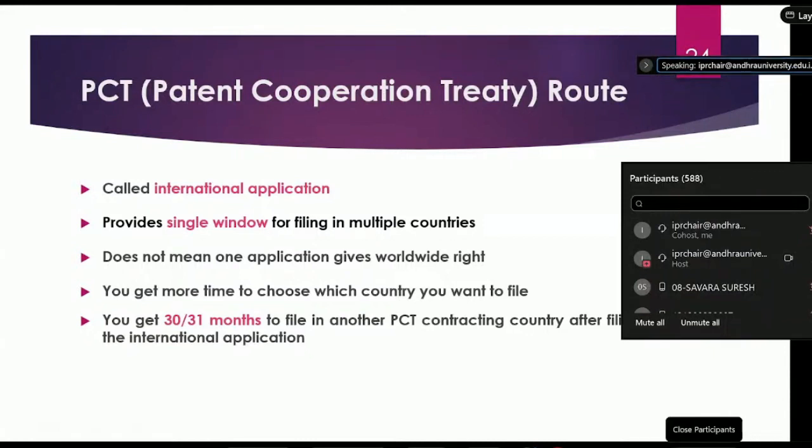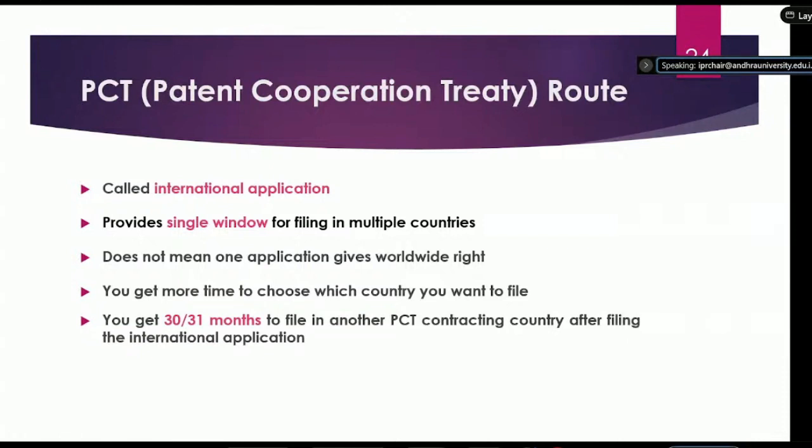In PCT, in the first application you file, they have the country option. You can just tick it. So in those countries, your priority date will be saved based on your PCT application. That way, PCT is saving a lot of time. You get more time to choose which country you want to file, and then you get 30 to 31 months to file in another PCT contracting country after filing the international application.